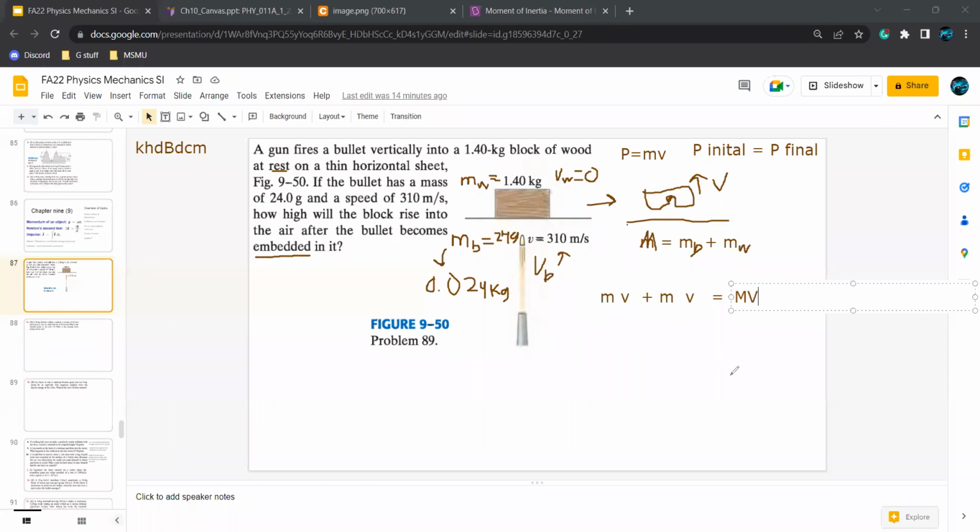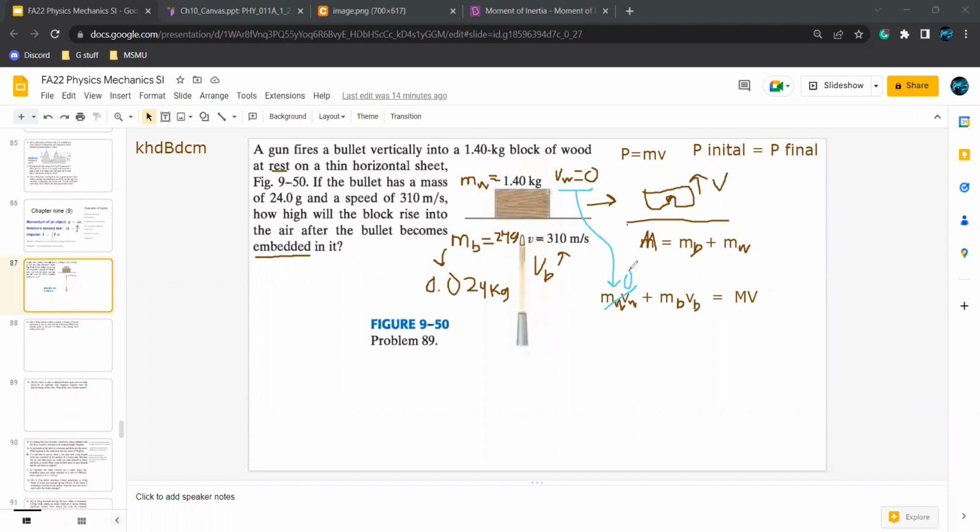Alrighty. Let me fit some of this in. Wood, block, block. Right. Now notice that V of wood is equal to 0. So this is equal to 0, right? Because something times 0 is going to be 0.